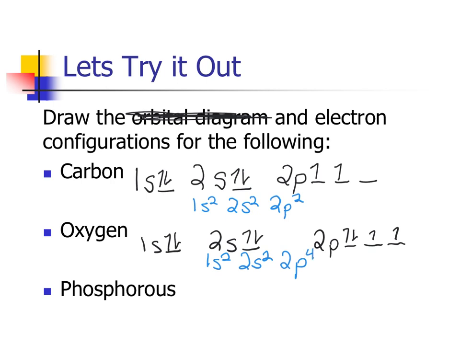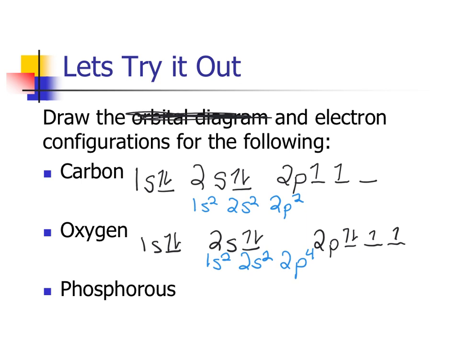Now, we can use our periodic tables to almost guess how it's going to end as well. Oxygen is the 4th element in the p block, because if you start at boron and count boron, carbon, nitrogen, oxygen, it's the 4th element in that p block. That means it's going to have 4 in the p wherever it ends.